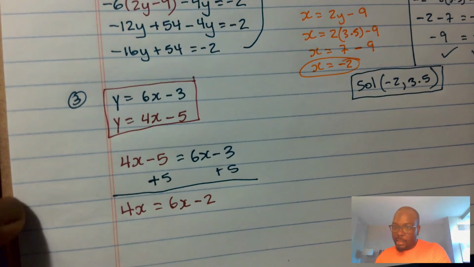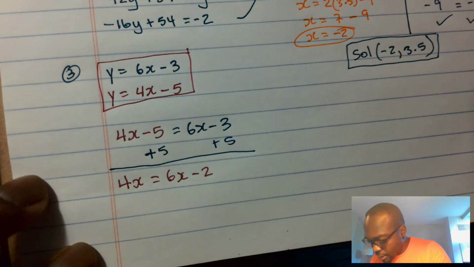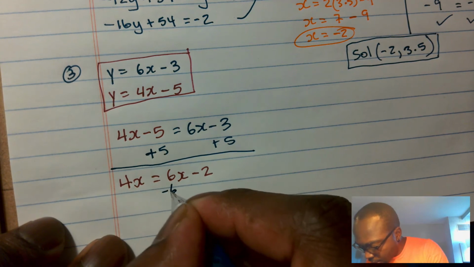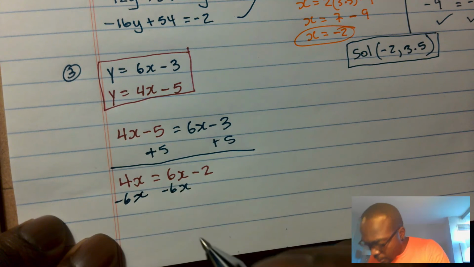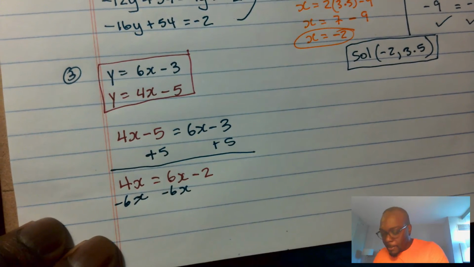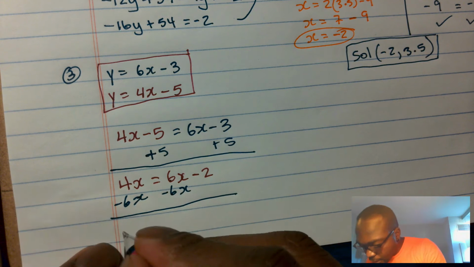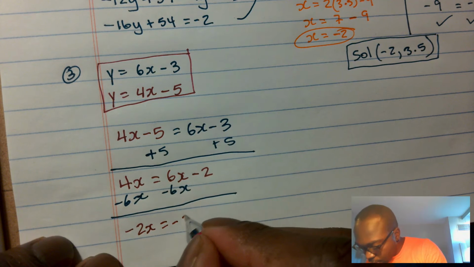So I'm going to bring this x over here. How do I do that? I'm going to subtract 6x on both sides. When I subtract 6x on both sides, I get negative 2x is equal to negative 2.